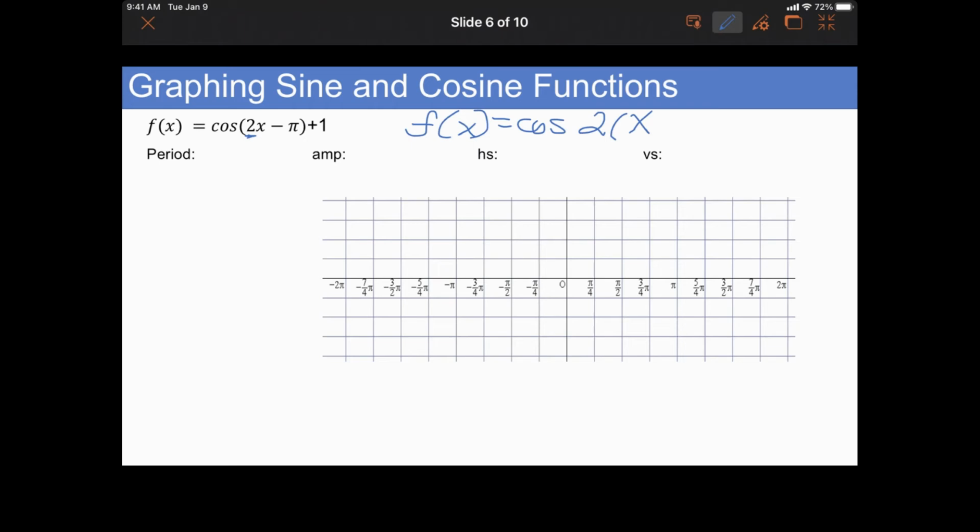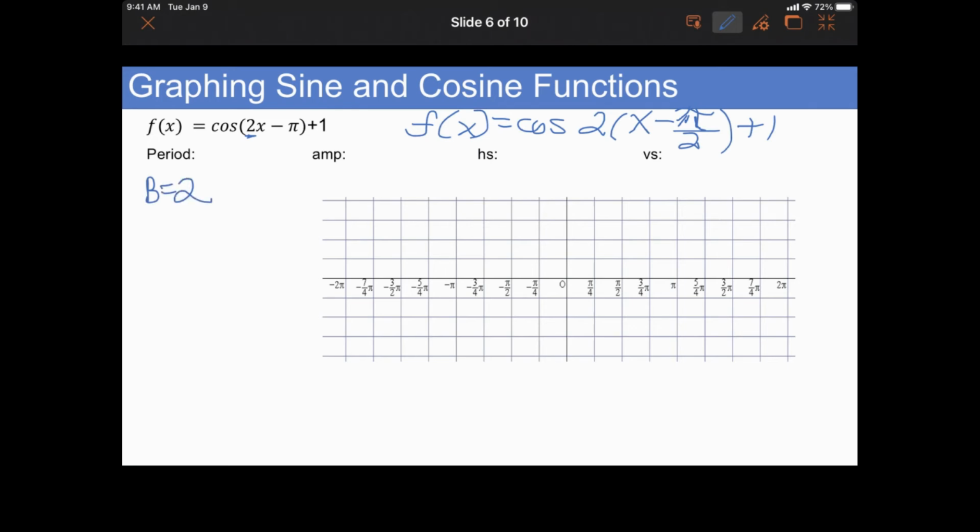Half. Then you're going to multiply it by pi. Oops, sorry. And then we have plus 1. Okay. So our b is 2.